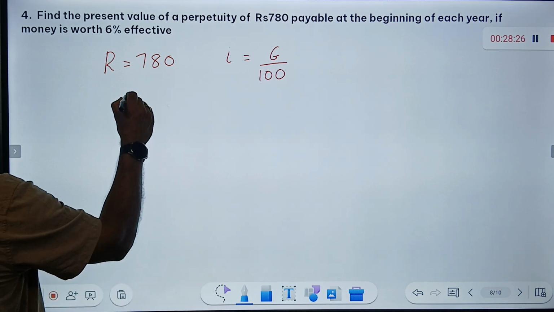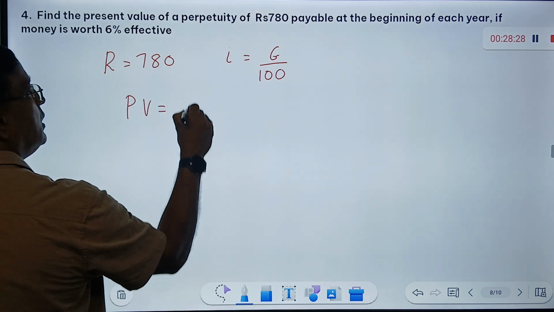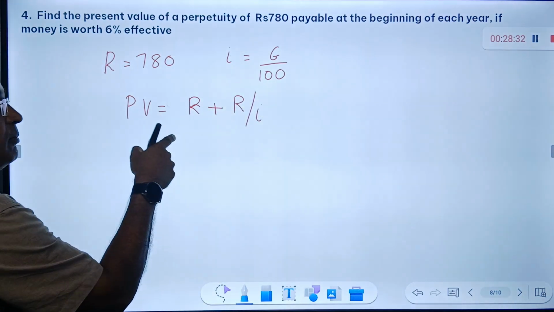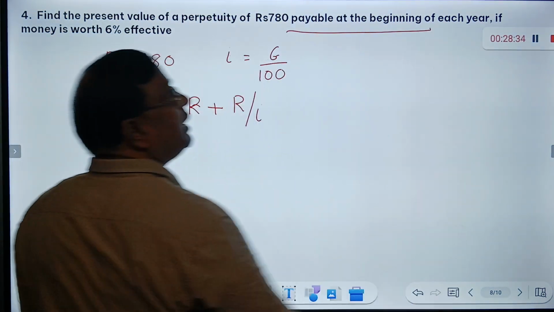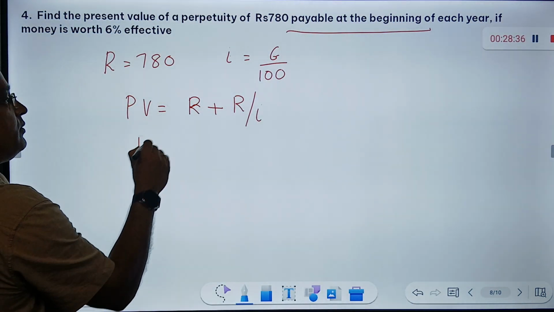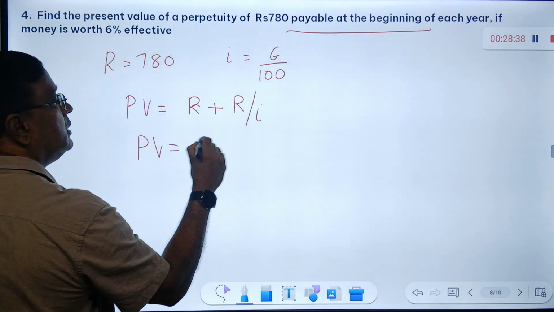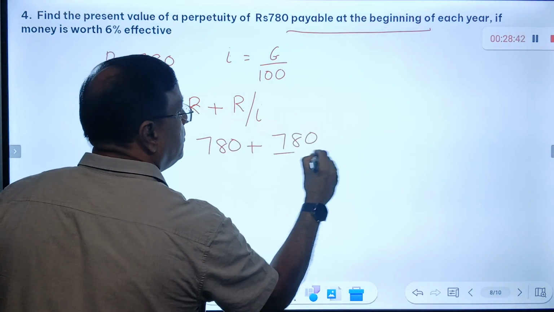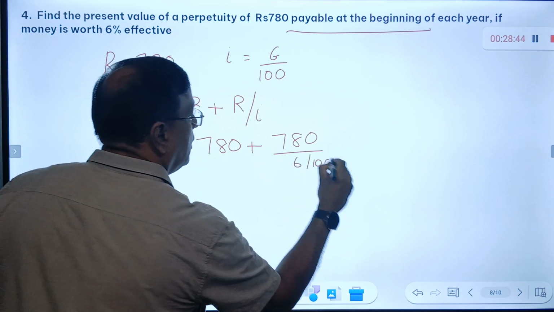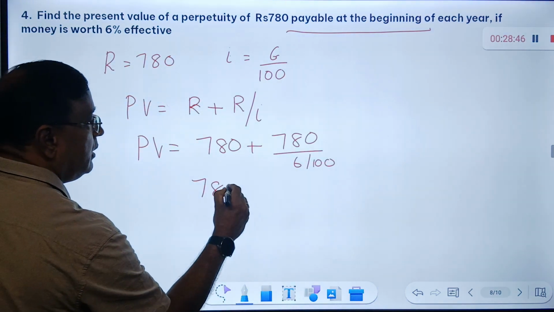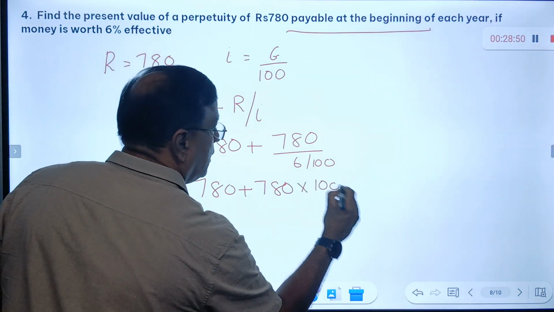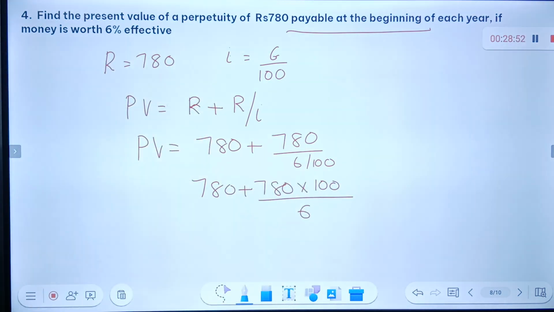So I want to find my present value. What is the present value formula? R plus R by I. Why do I use this formula? Because it is payable at the beginning. Now what is the present value? What is R? 780 plus 780 divided by 6 by 100, which is 780 plus 780 into 100 divided by 6.